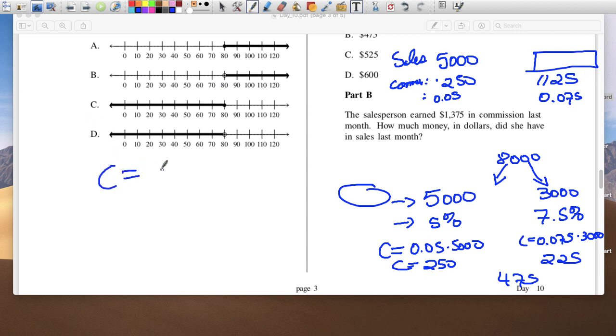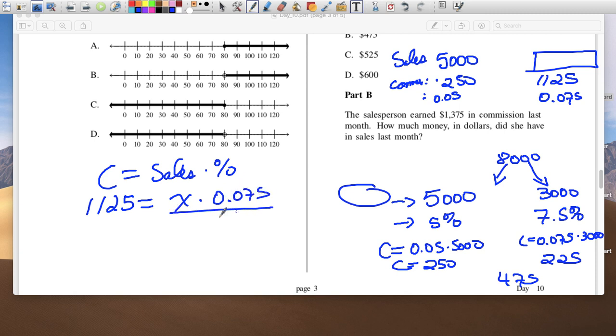So the commission equals sales times the interest rate, and in this case the commission was 1,125 equals the sales, which I don't know, so I'll call it X, times 0.075. Divide both sides by 0.075.